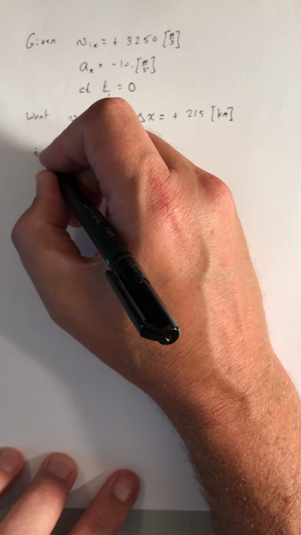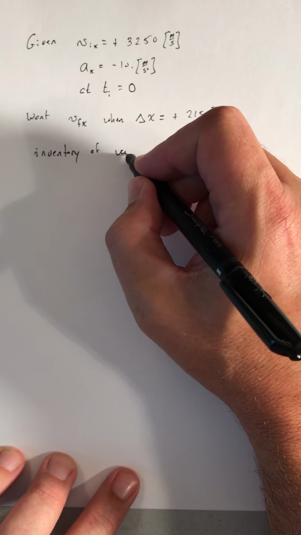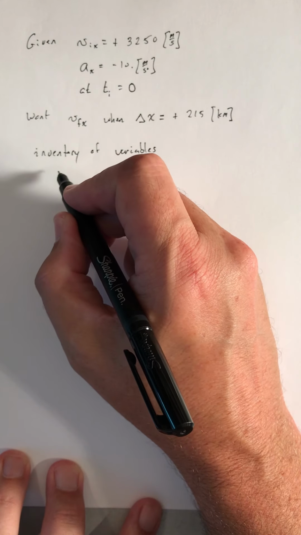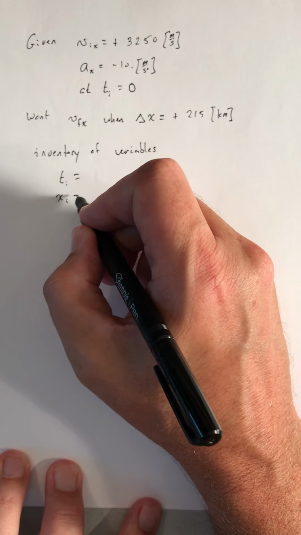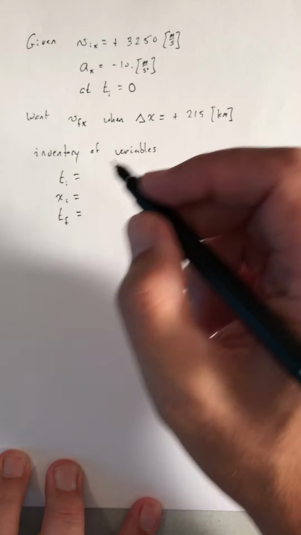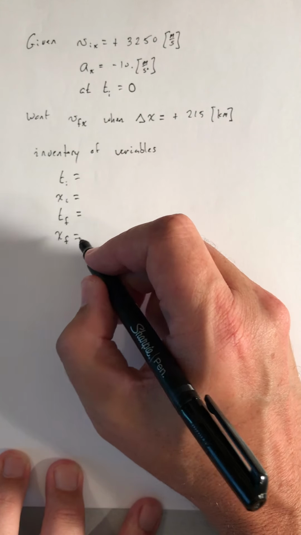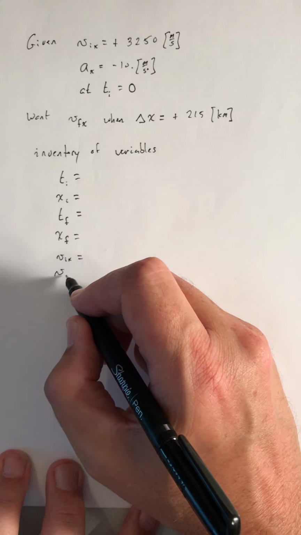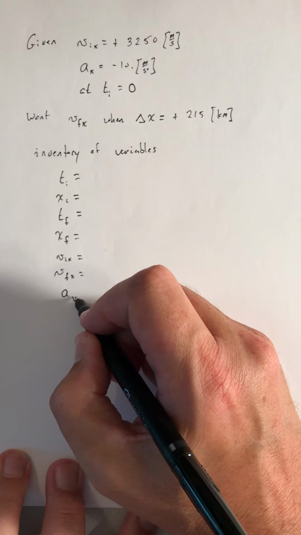So I'll make my inventory. So there's an initial time, an initial position, a final time, a final position, an initial velocity, final velocity, and the constant acceleration.